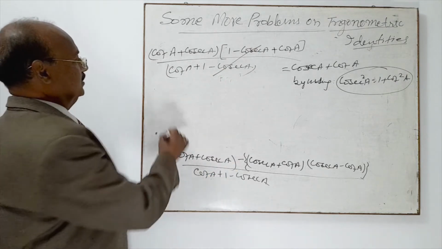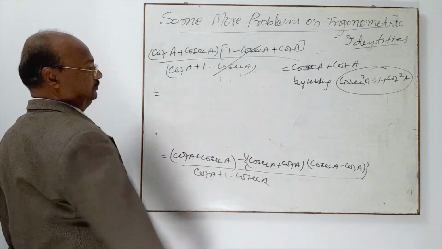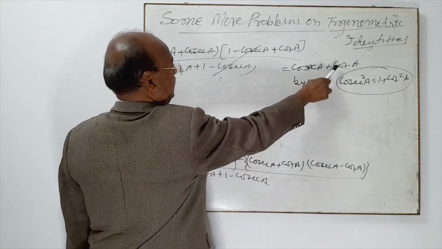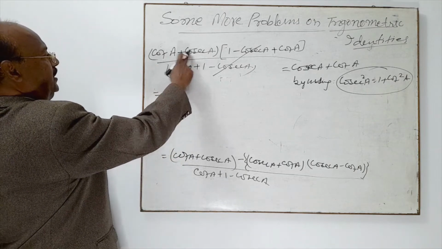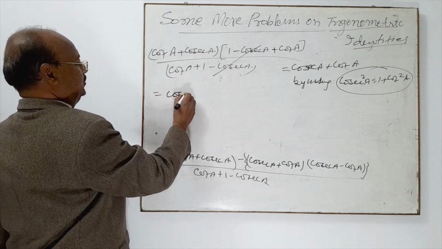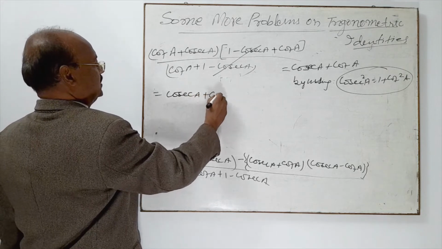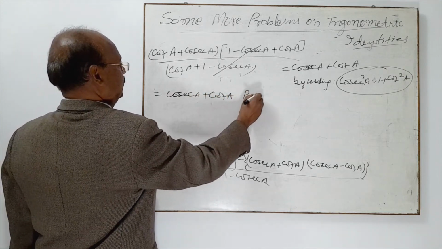So we are getting the result. Finally, the required result is cosec A plus cot A that we are getting here. This is cosec A, this is cot A. This is equal to cosec A plus cot A. Proved.